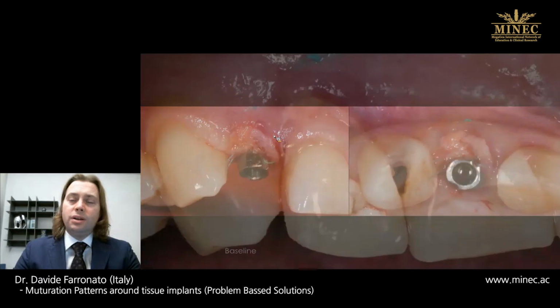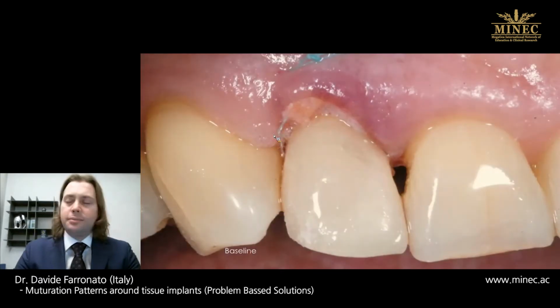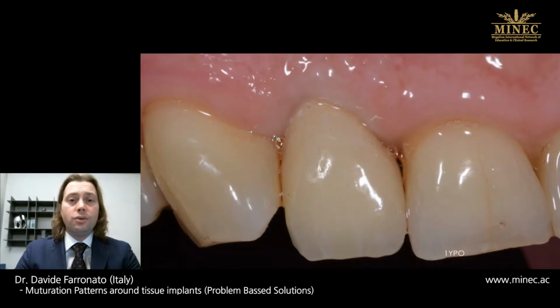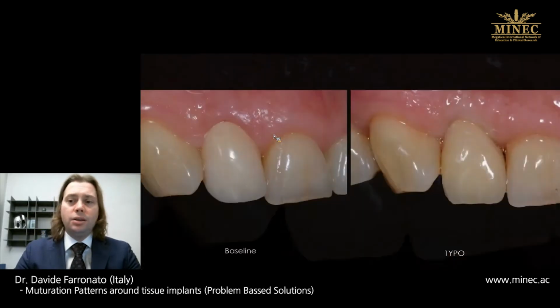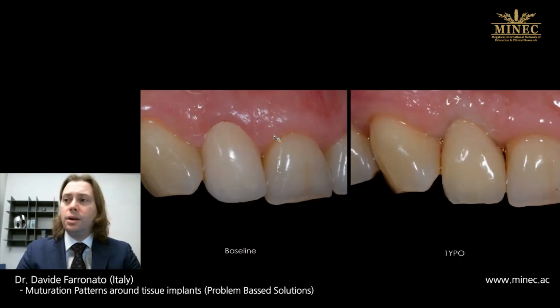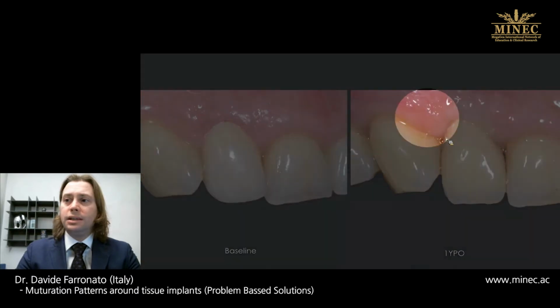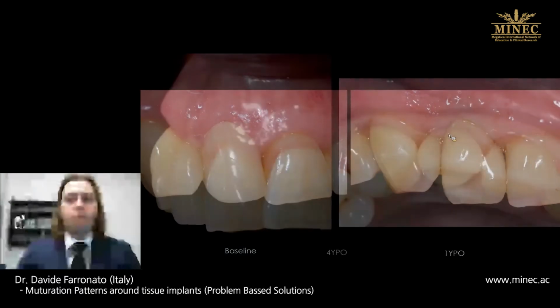In this situation, an immediate provisional was placed, and the maturation period of 1 year shows that there is no remodeling of the surrounding tissue. If we compare the beginning and the 1 year post-op, we can see clearly that the tissue is absolutely not receding.